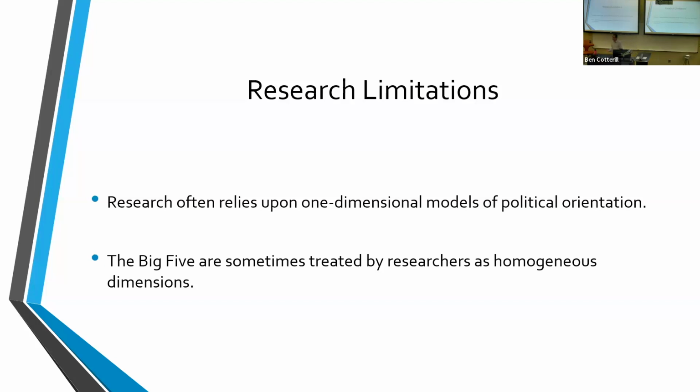So there are some limitations with this research. Some of the research views political orientation as just one spectrum. More and more, we're viewing it as two, which is only a good thing. The big five in some cases is viewed as just five factors, and then some differences aren't observed. Sometimes I find researchers predicting that those on the right and those on the left will score differently in agreeableness, and then to their surprise, they find no significant findings.